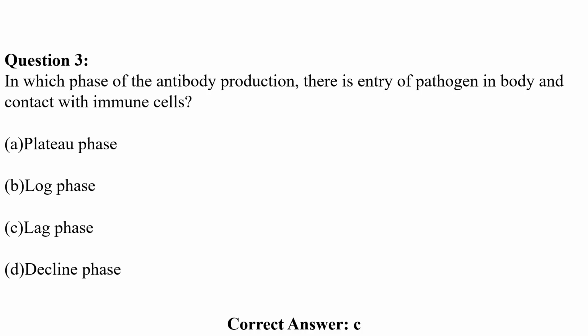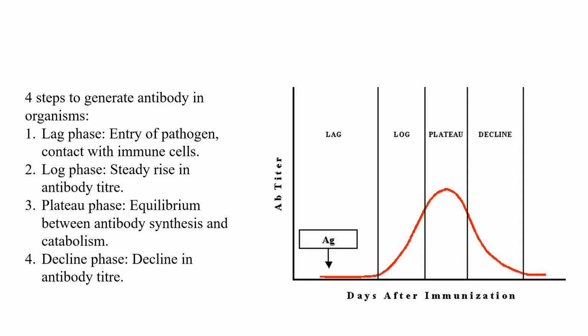Then our immune cells will recognize the antigen and produce the antibody. Then there will be a point where the antibody production will be maximum, and then there will be no further increase, and then the decline phase of the antibody production will start. So this is how the four phases of antibody production happen.